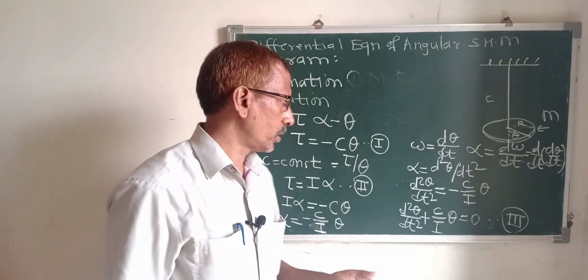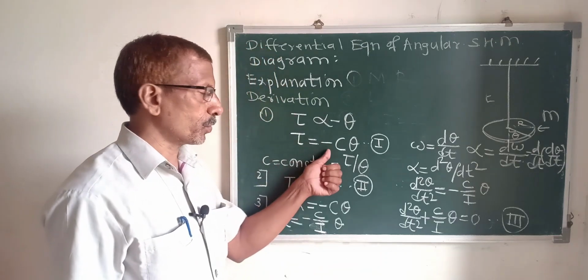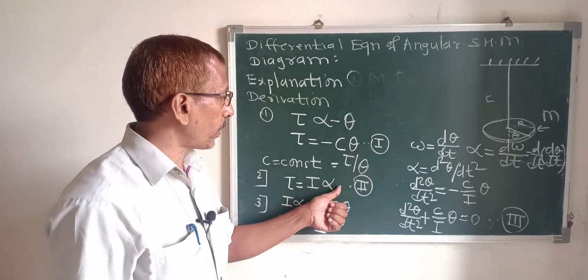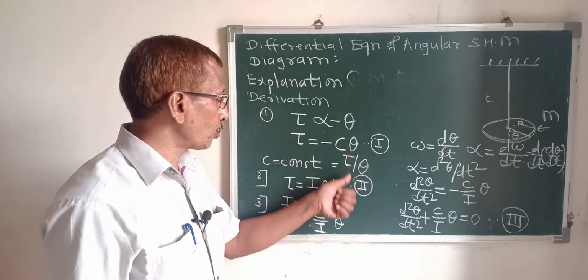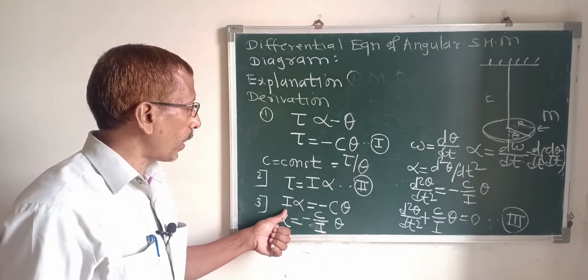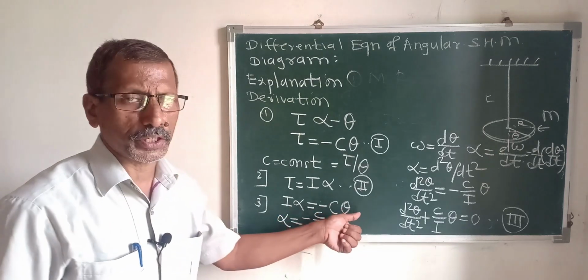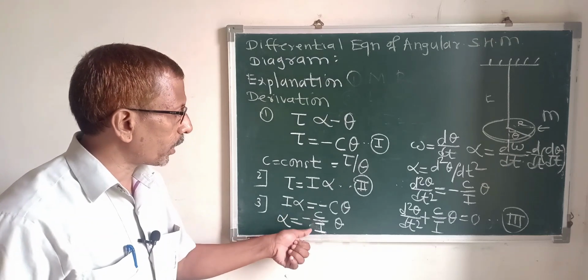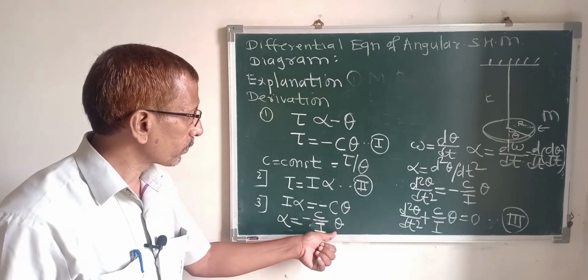Very simple. Torque is equal to minus c theta. Torque is equal to I alpha. So from these two equations we can write I alpha is equal to minus c theta. So alpha is equal to minus c divided by I into theta.